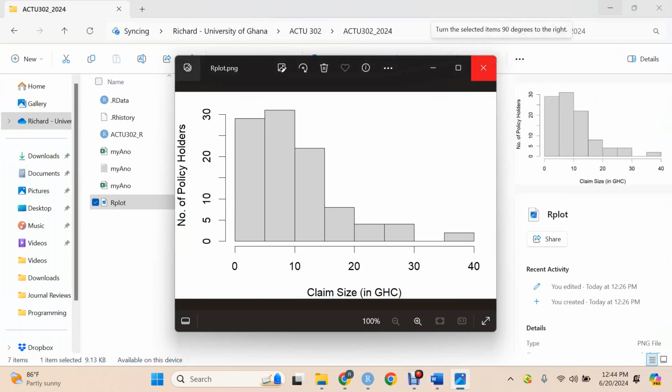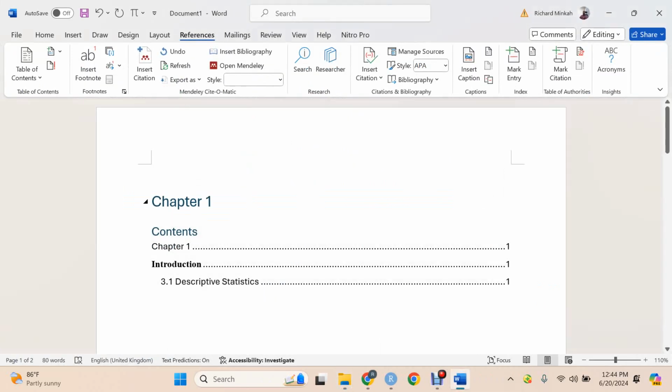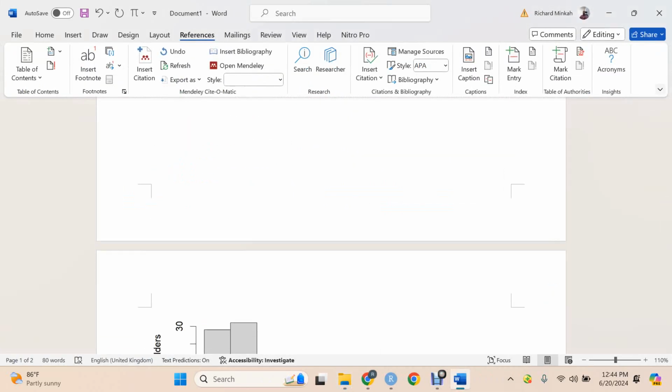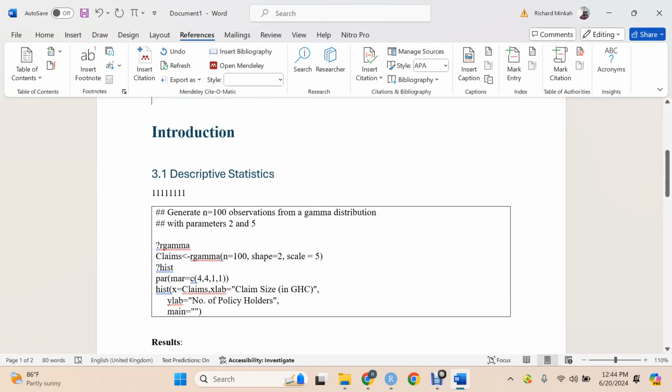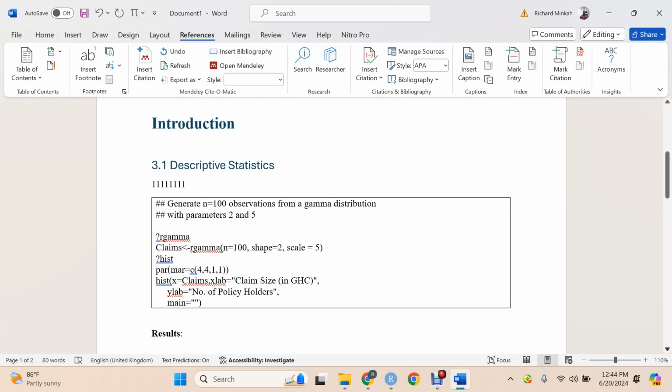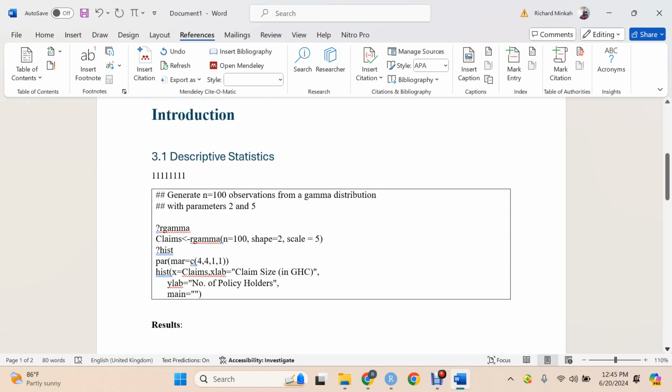So I hope you have sent in your result. But basically, these are the things I want you to note, that it is important that when you write your report, you have headings, you have subheadings. You cannot have an introduction and then have only one section. If I'm going to divide it, then there must be a 3.2. Otherwise, there's no need. Right? I cannot be dividing a section into one section.